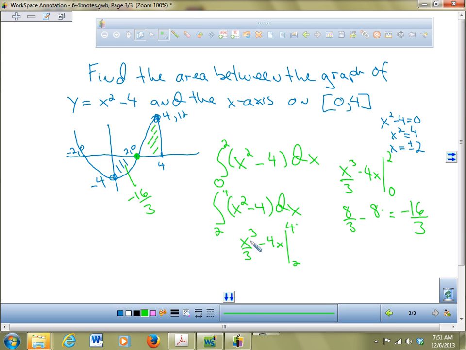And so if I plug in 4 in here, I get 64/3 minus 16. But then from there, I have to subtract 8/3. When I subtract, I would keep your parentheses kind of like this. 8/3.